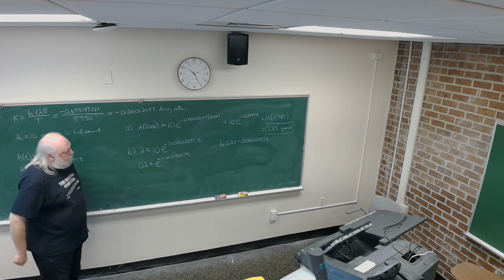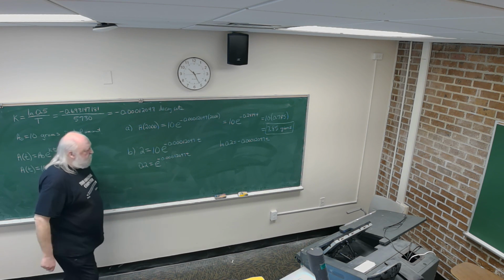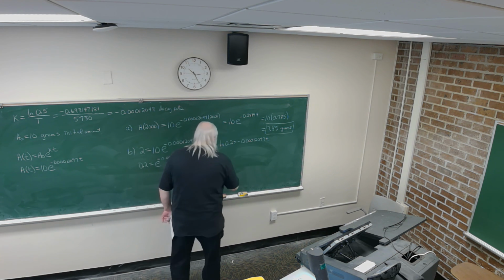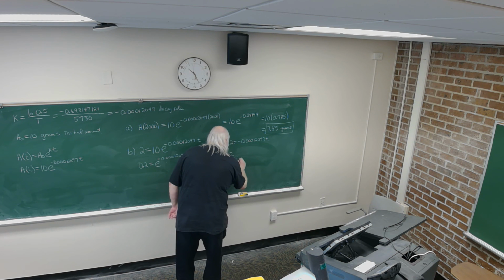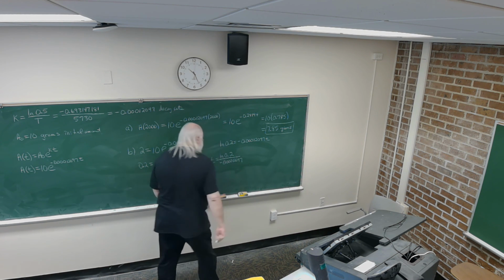Now when you divide both sides by the decay rate, you get the time, t. t is equal to the natural log of 0.2 over minus 0.000120097.